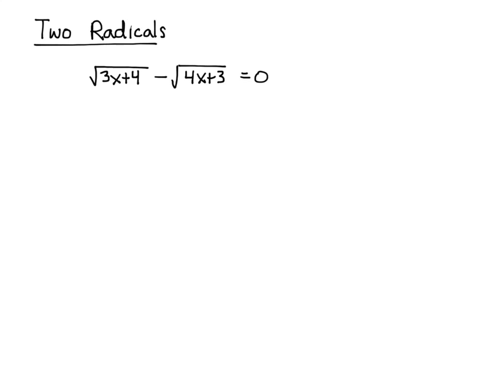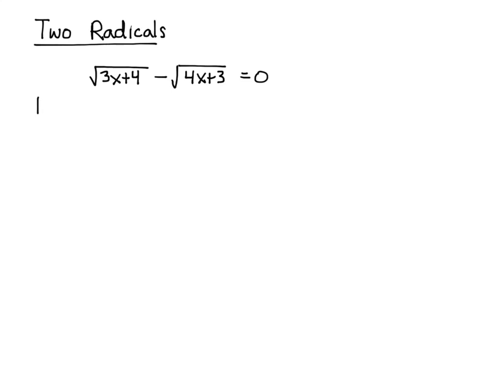Now, if you have two radicals, it gets a little bit more complicated, because if we just took the two radicals here and squared it, for instance, we would get essentially 3 terms, right? We would get the first term, that's the square of the square root of 3x plus 4. The last term would be the square of the square root of 4x plus 3, and then we'd have this middle term that would be the product of those two. And so we're not making any progress by doing that.